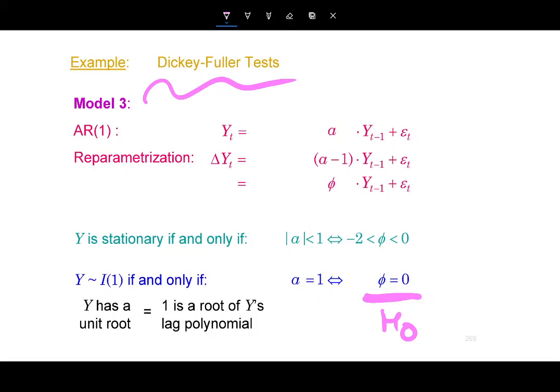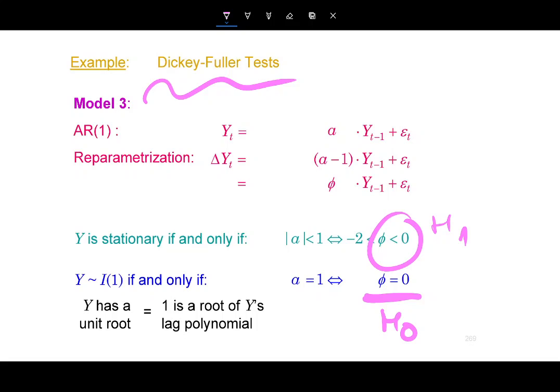If it's not negative, then the process is explosive, so that's taken out of consideration. So it's either 0 or negative, and that is going to be the alternative hypothesis. So a one-sided test is involved.